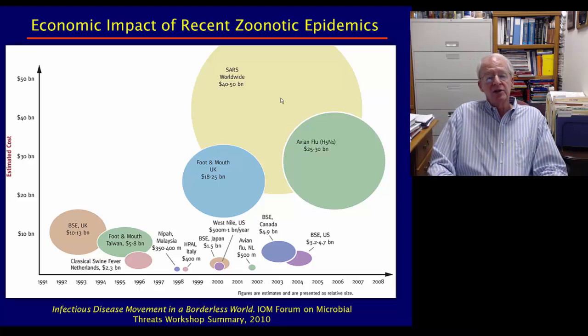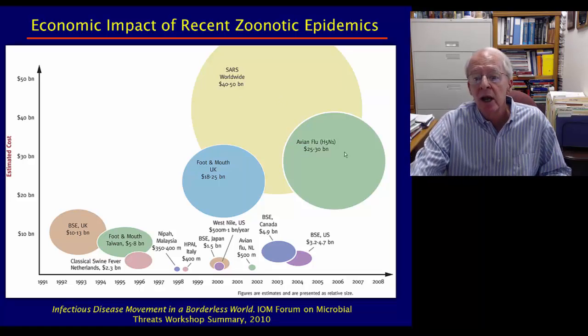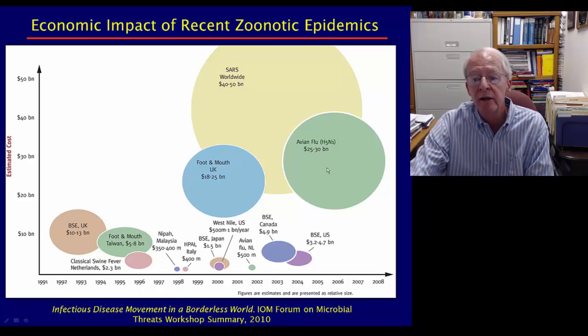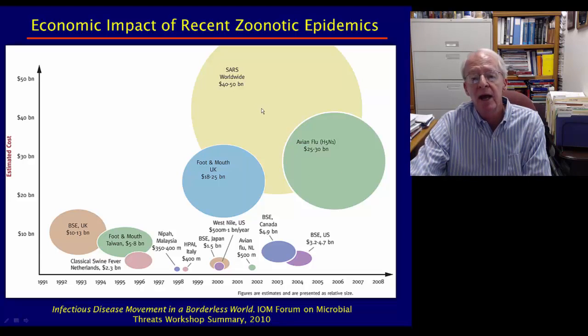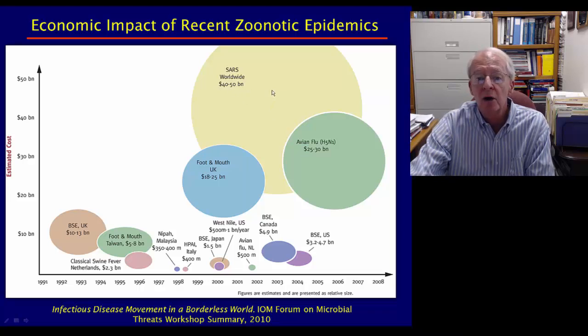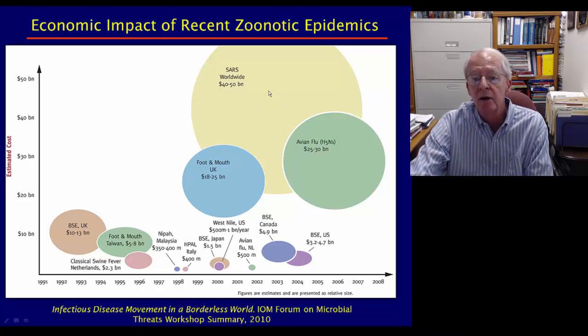Over the years since 1990, there have been a number of examples of zoonotic disease epidemics, including SARS, shown here, and H5N1 avian influenza. The size of these circles represents a depiction of the economic impact of some of these epidemics, SARS being dramatic at US $40 to $50 billion estimates.